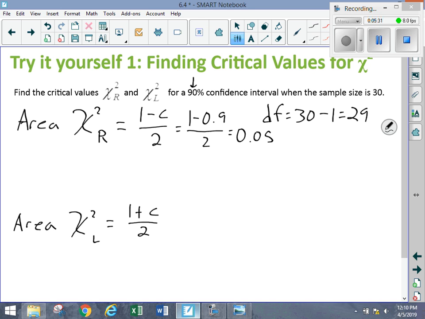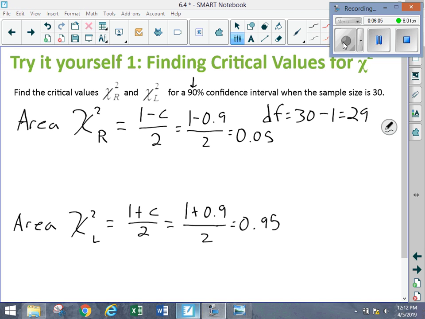So 1 plus 0.9 divided by 2 turns out to be 0.95. Once we've found these, this is where we use the chi-square table that I gave you. The same way we use the other tables to find critical values, we look at our degrees of freedom, match it up, and find that critical value.